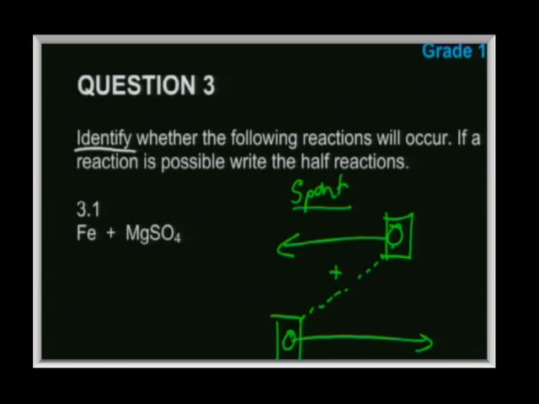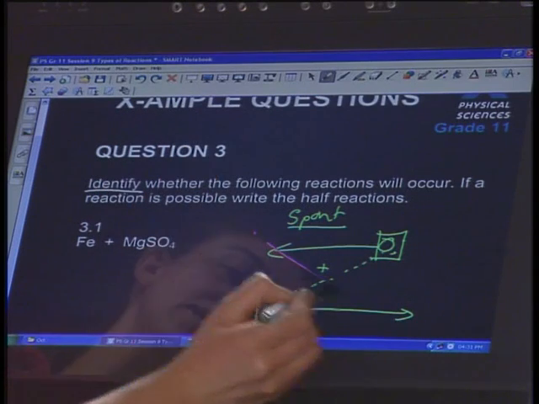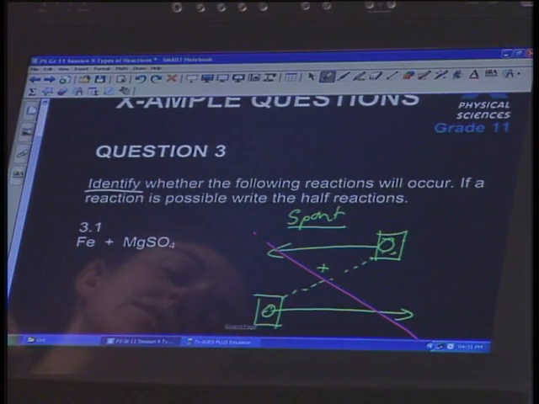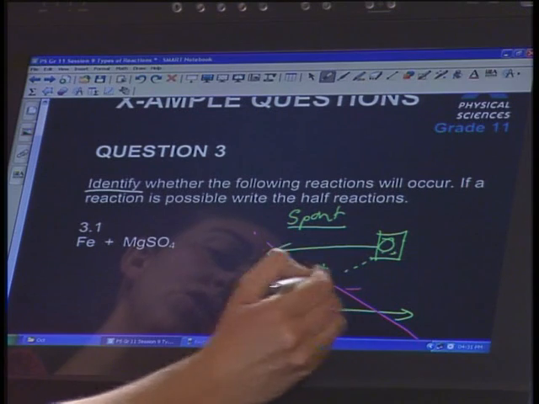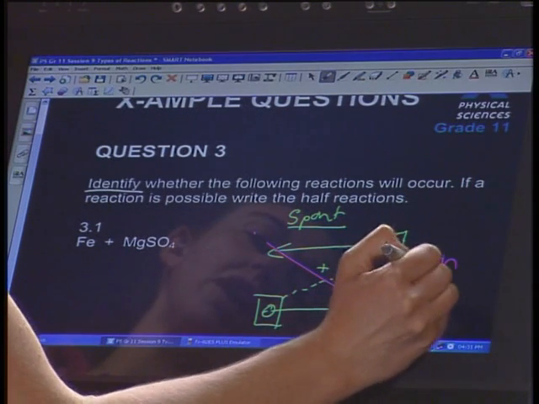So if you see that positive gradient connecting the two reactants, then you know it's a spontaneous reaction. If it was a negative gradient going from that side over to your right-hand side at the bottom, then it's going to give you a negative gradient, and that is a non-spontaneous reaction.